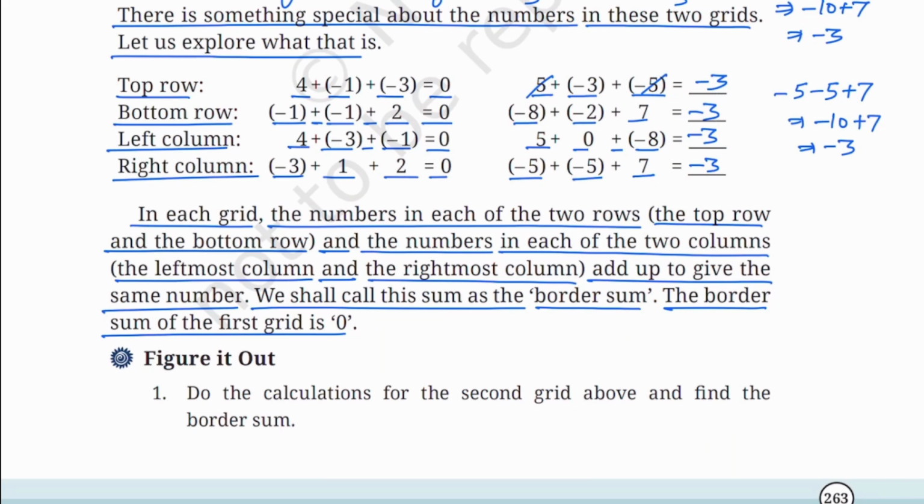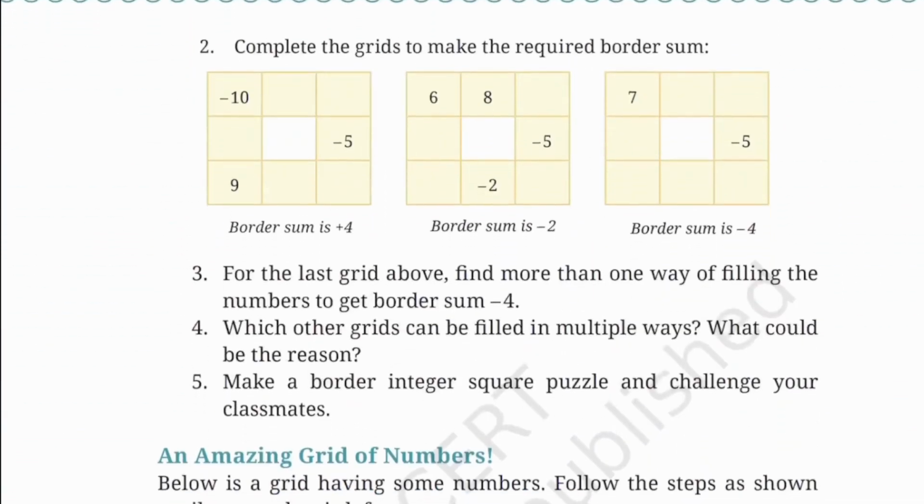Similarly, the border sum for the second grid is minus 3. Figure it out. 1. Do the calculations for the second grid above and find the border sum. 2. Complete the grids to make the required border sum.